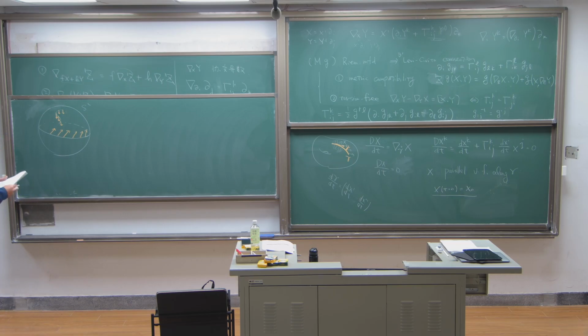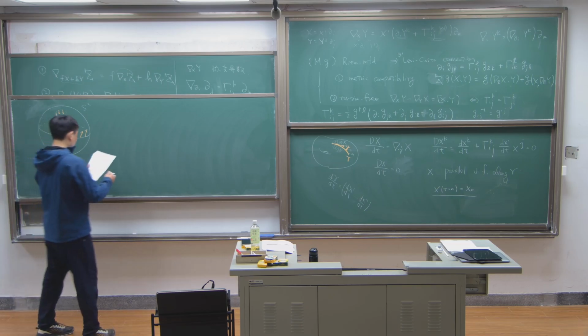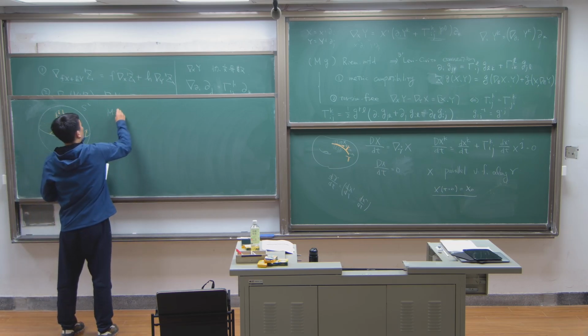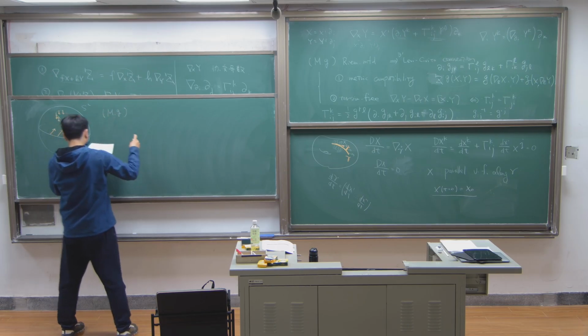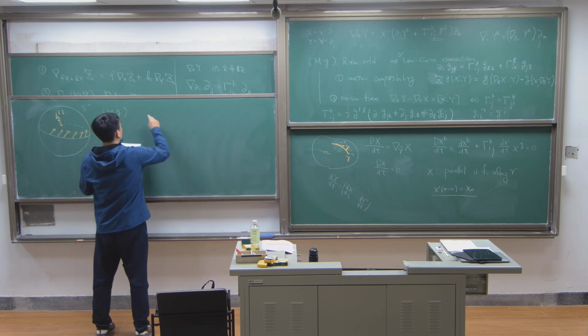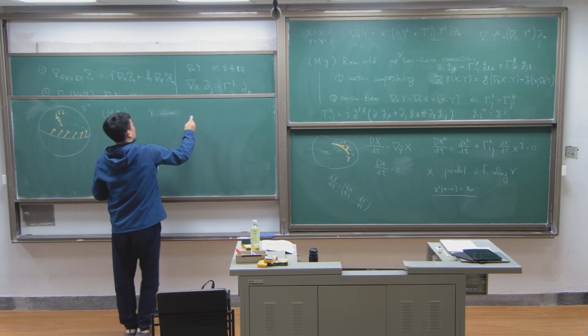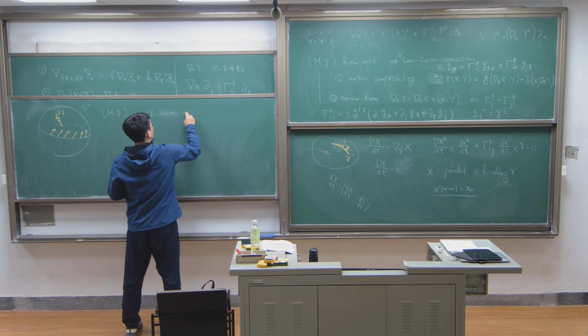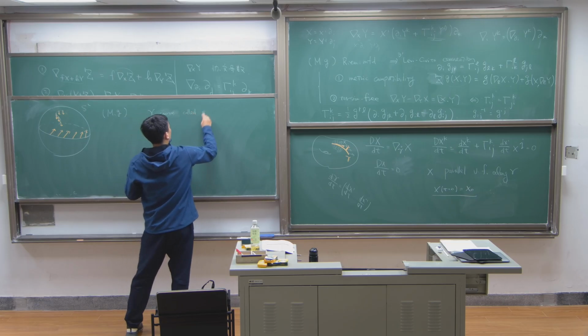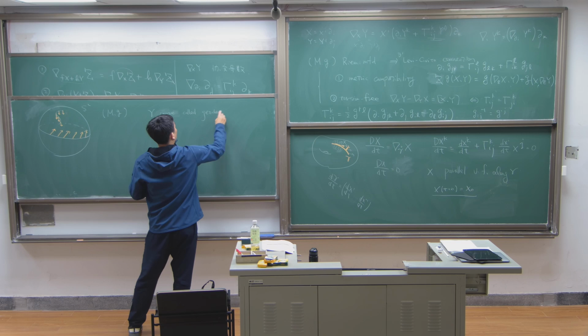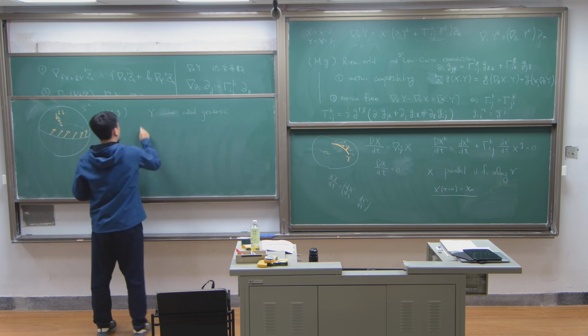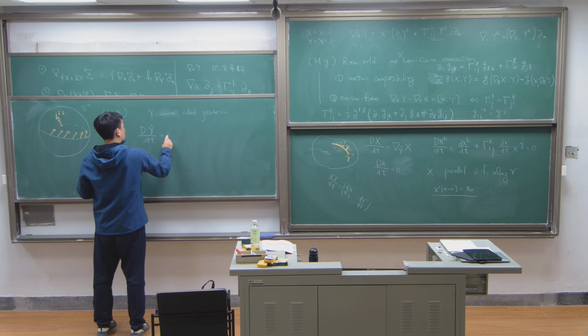Given a Riemannian manifold, one can define curves, and a curve is called a geodesic if the covariant derivative of gamma dot along the curve is equal to 0.